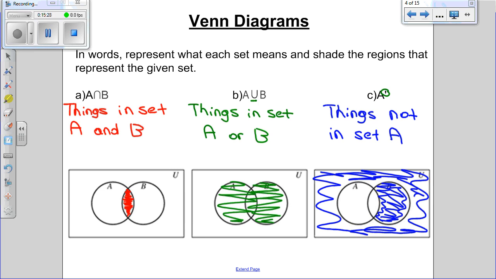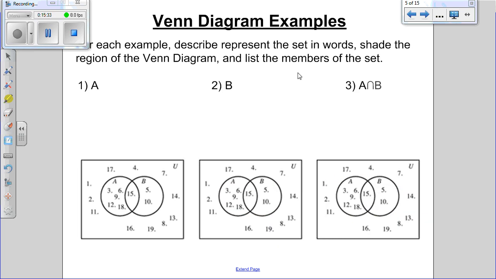All right. For each example, represent the set in words, shade the region of the Venn diagram, and list the members that are in that set.